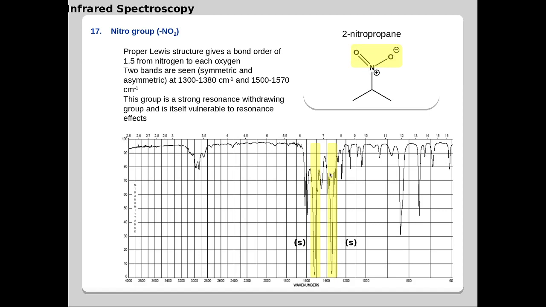Okay, and the asymmetric stretching vibration, where one bond compresses and the other one stretches out, happens between a range of 1500 to 1600 centimeter inverse. So these are the major dominant band systems of nitro compounds here. Okay, and the rest of the bands are contributed by the hydrocarbon part of the molecule.